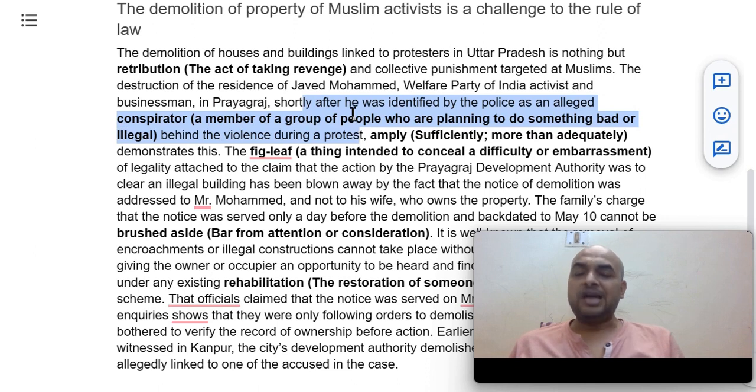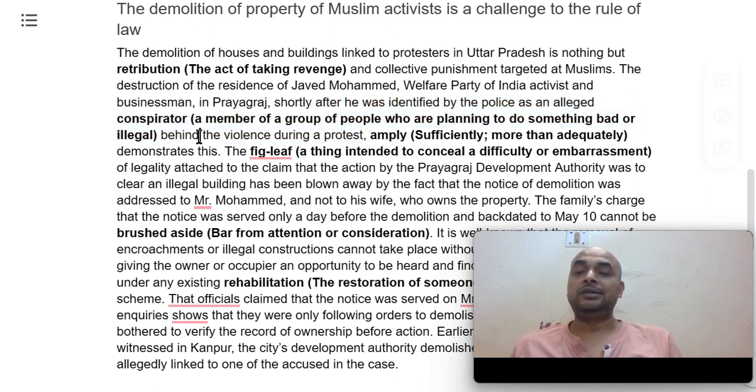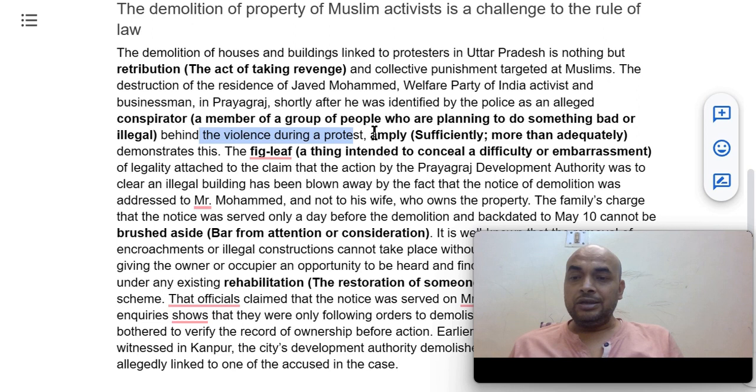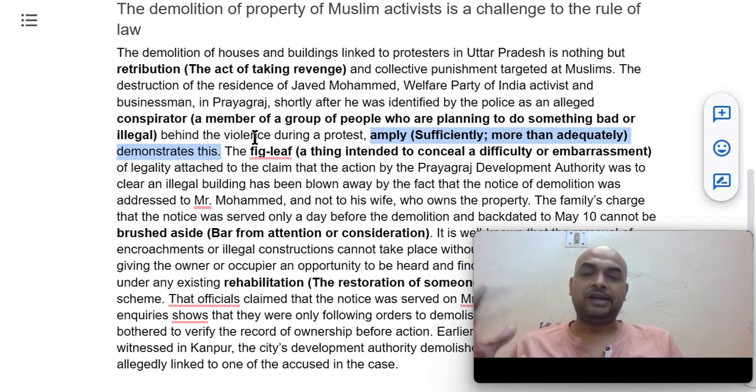So he was identified as a protester, and it seems that he was behind the violence which took place during a protest, and so amply demonstrates this. So it sufficiently demonstrates. I'll tell you what it demonstrates.